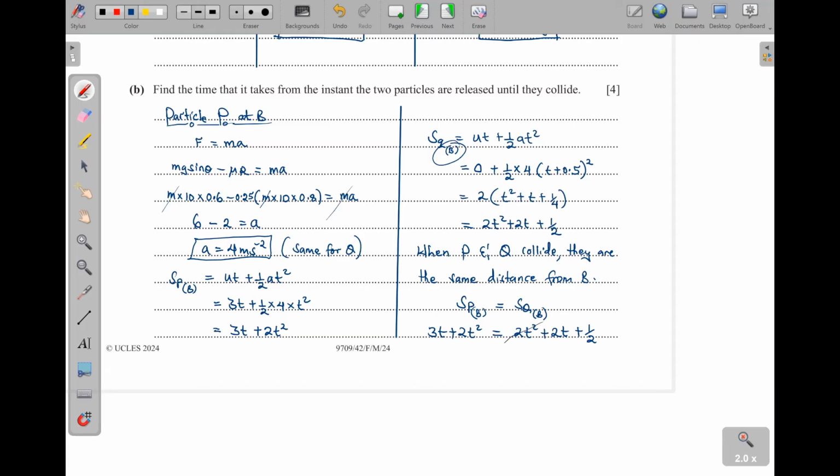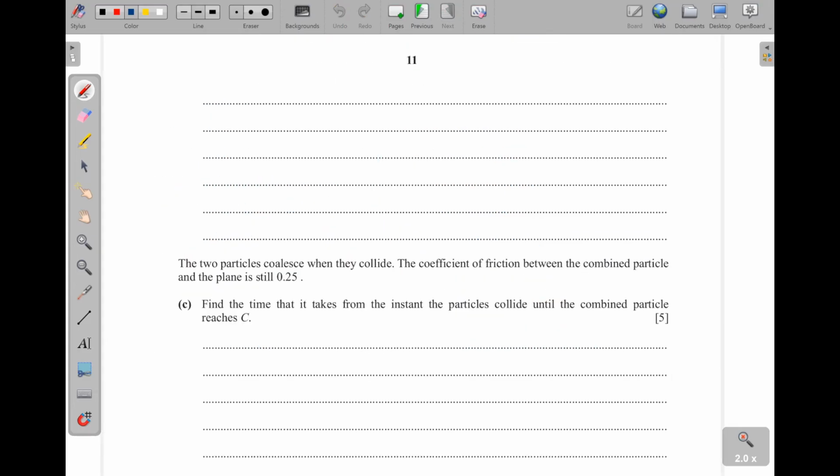Now we can see that 2t squared cancels with that. I can bring this other side, it becomes a minus, then we shall have 3t minus 2t, that will be t, which is equal to a half. So that means they collide also after 0.5 seconds. So t is equal to 0.5 seconds.